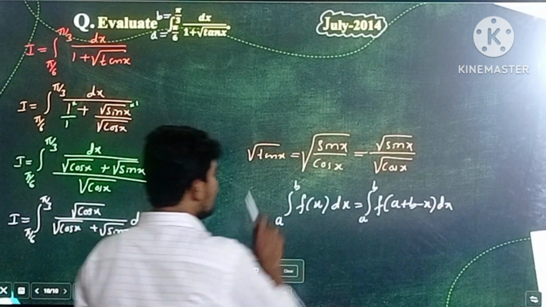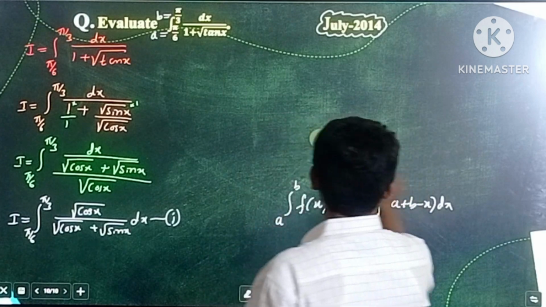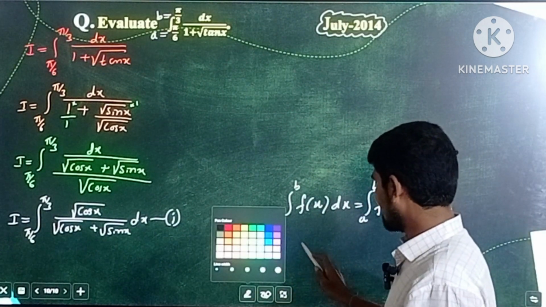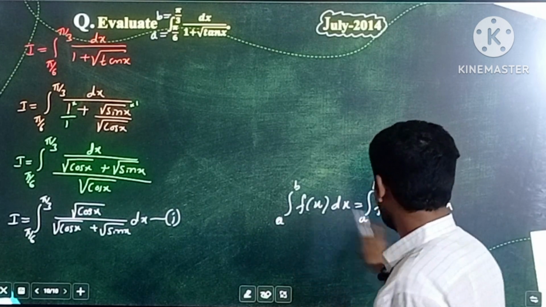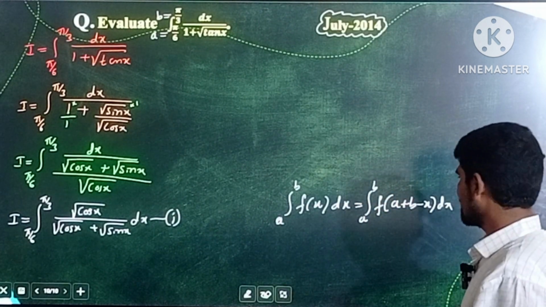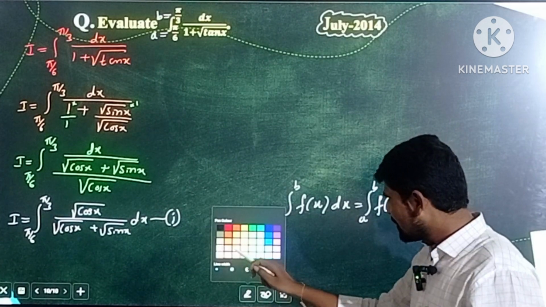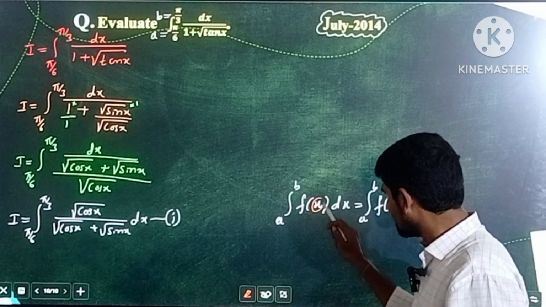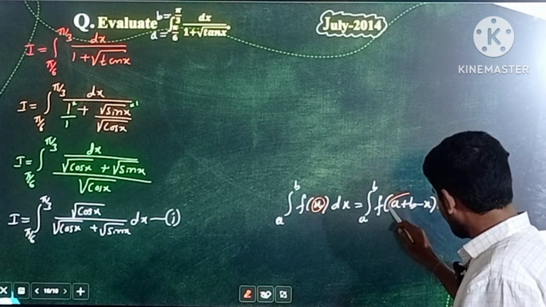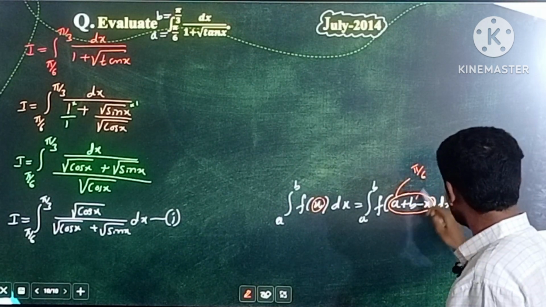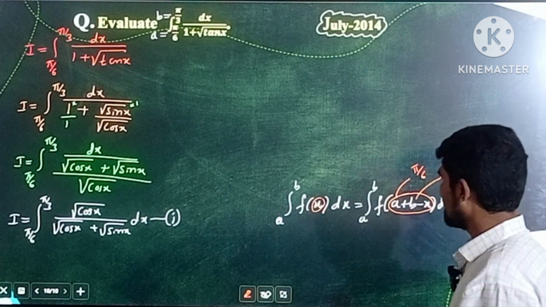So in the next step, I am going to use the property. Which property? This integration from a to b f(x) dx is equal to integration from a to b f of a plus b minus x dx. By this property, in place of this x, I am going to write a plus b minus x, where a is equal to pi by 6, b is equal to pi by 3.